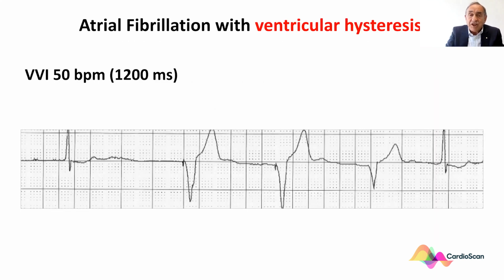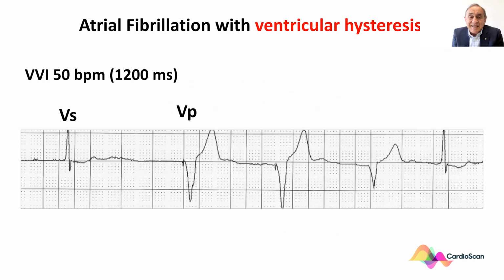There is another function I'd like to show you, and that is ventricular hysteresis. In this example, we can see VVI pacing at 50 beats per minute, 1200 milliseconds. There is a ventricular paced beat, and then there is a ventricular sensed beat.